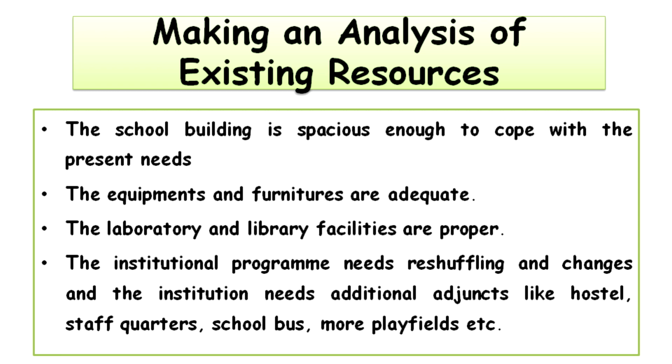Then institutional program needs and reshuffling and changes, and whether the institution needs additional adjuncts like the hostel, the staff quarters, school bus, more playfields, etc. So such type of analysis of existing resources is important.